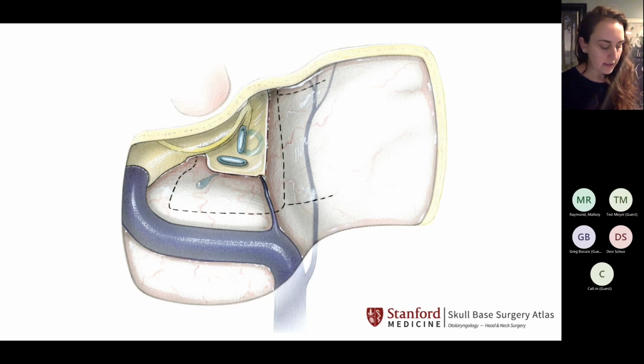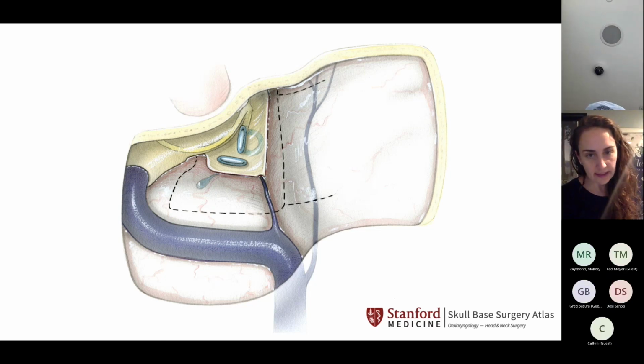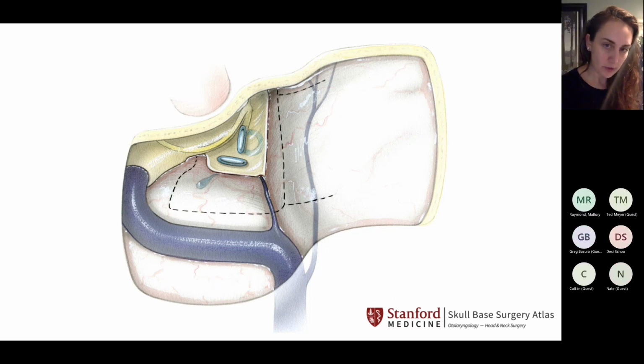So this is what typically things look like once the craniotomy is opened. This shows that the middle fossa has been decompressed. Here's the vein of Labbé. The posterior fossa is also decompressed, and then these are the dural incisions here. And we see our semicircular canals.